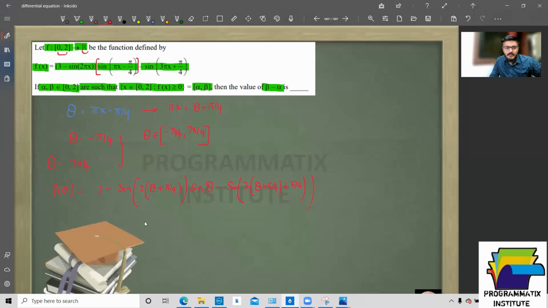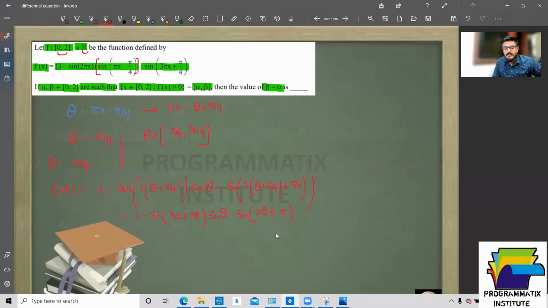Let's modify this a little. The first sine is sine of (2 theta plus 90 degrees, or pi by 2), into sine theta, minus sine of (3 theta plus 3 pi by 4 plus pi by 4), which gives you pi.